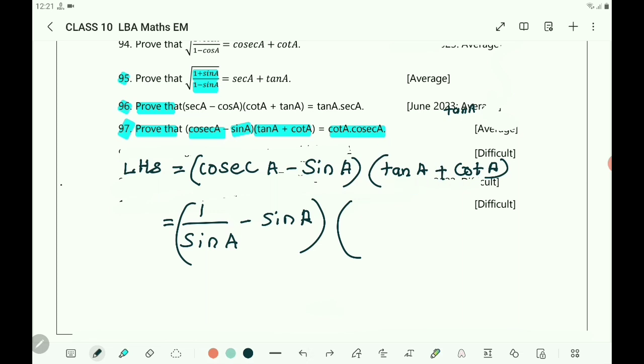Tan A is sin A by cos A, plus cot A is cos A by sin A.